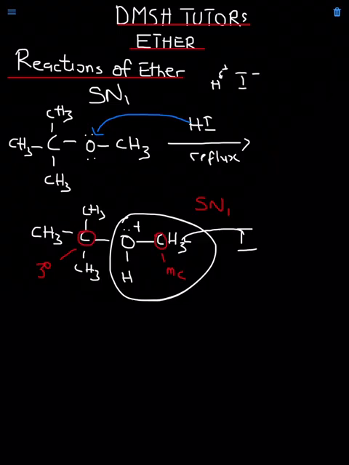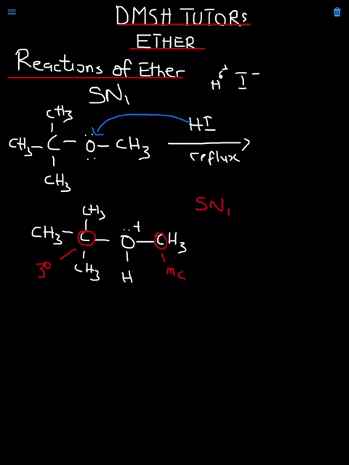So that's why this reaction goes without the interference of iodine. Since it's an SN1 reaction, the next thing that happens is that, without iodine being attached to anything, the reaction takes place by itself, and we have these things.